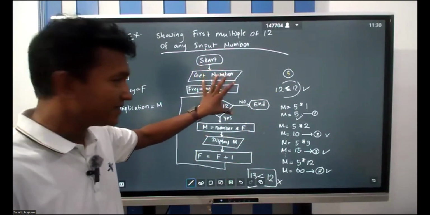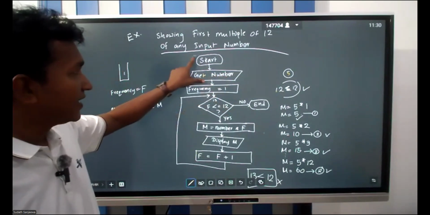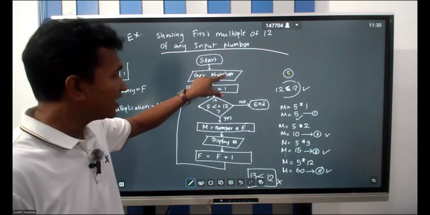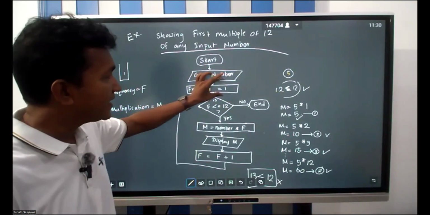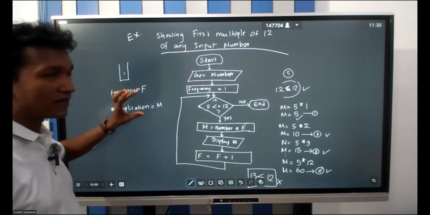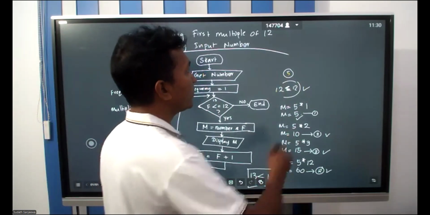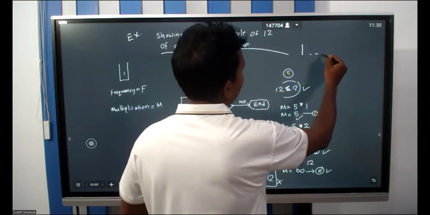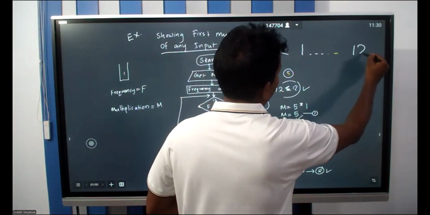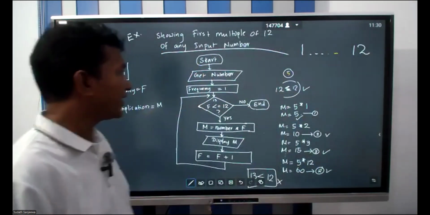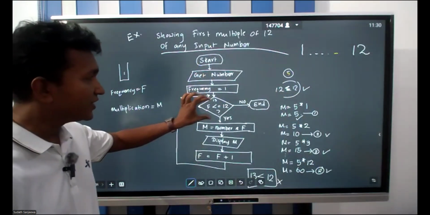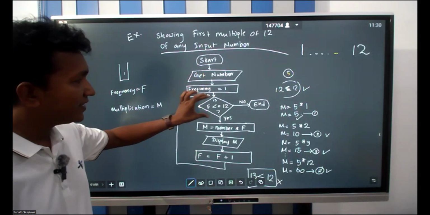So it is important to understand this. Get the number. This is a user input, and we set the initial frequency to 1 because we are starting from 1 and go up to 12. Then we check the condition.